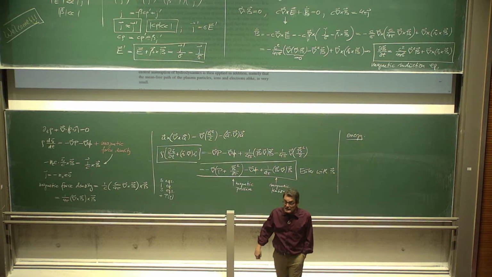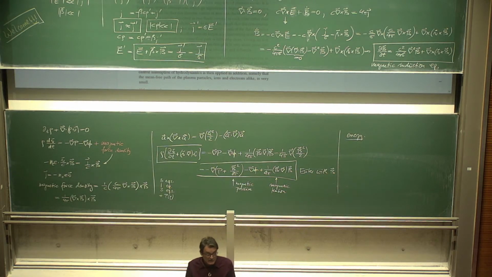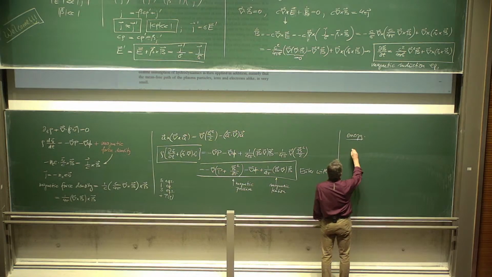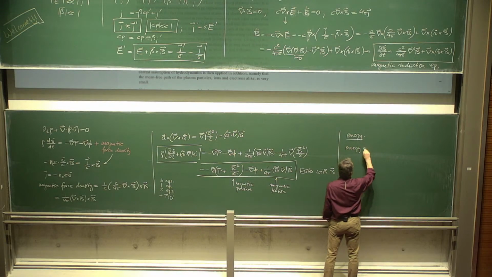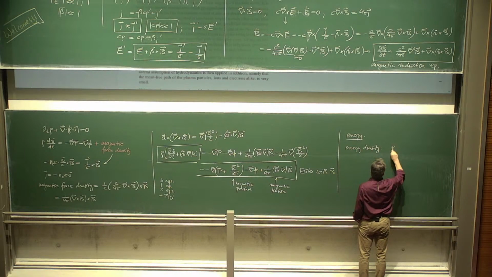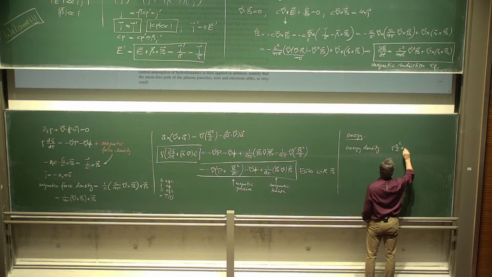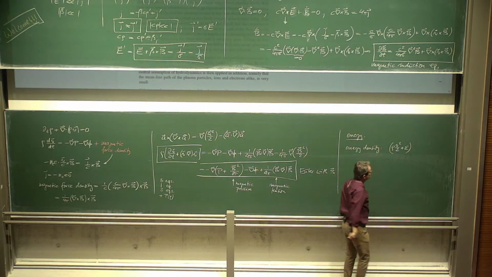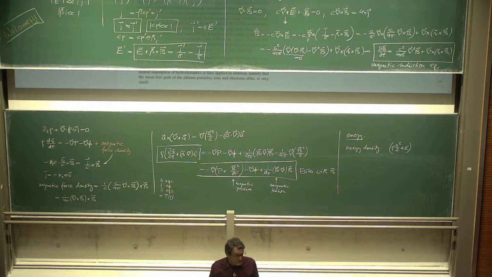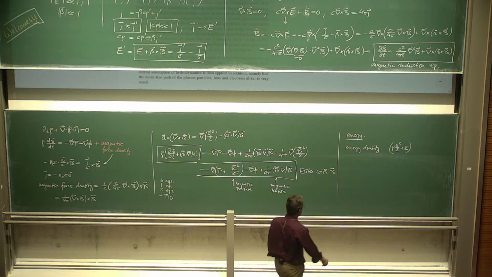And what I'm going to show you now is not a full derivation, because that will cover 2 boards easily. I just want to tell you what happens. Right, so the energy density that was rho times v squared over 2 plus epsilon, right, where rho times v squared over 2 was the kinetic energy density and epsilon was the heat, the internal energy.